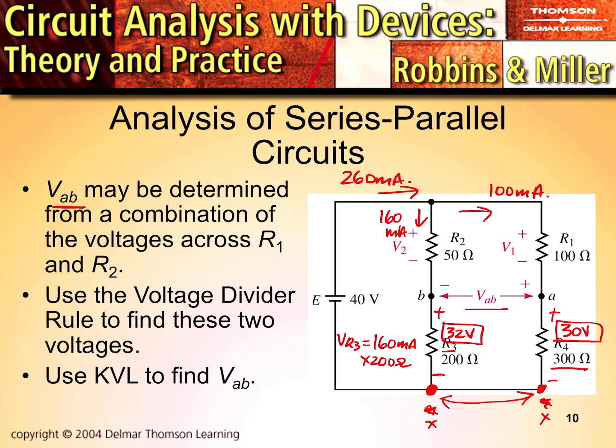That means our reference is point B. So we're starting at point B and we're comparing it to point A. Notice how point A is 30 volts negative of point B. 30 volts with respect to plus 32 volts is a minus 2 volt potential. So that means our VAB value would equal minus 2 volts.